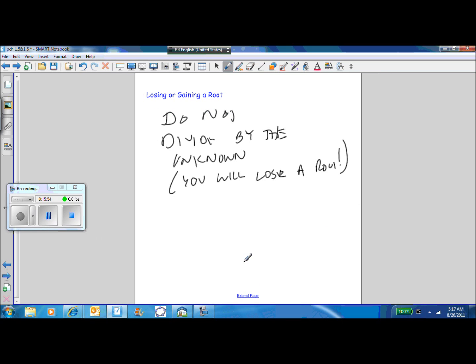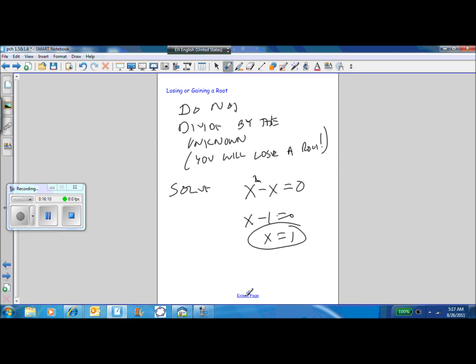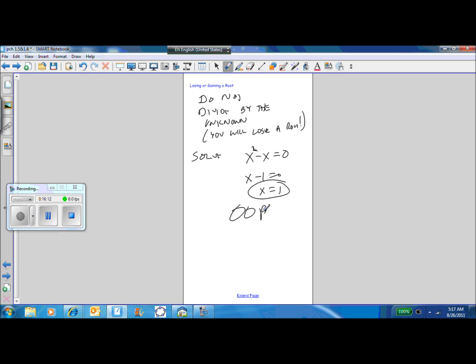And a classic example of this is solve x squared minus x equals 0. A lot of kids mistakenly say, ooh, I see the x there, so it's x minus 1 equals 0, x equals 1. Oops, you lost a root. Lost a root.